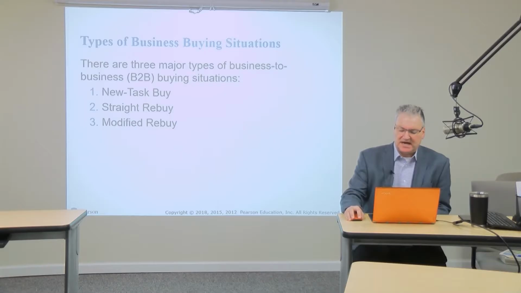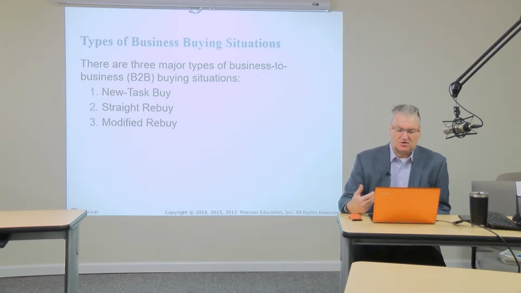A straight rebuy is a routine purchase of items that are needed, so you basically just are reordering another item. A modified rebuy is when the customer has to modify the specifications, change delivery schedules, or renegotiate prices. You're going to involve different people in the modified rebuy, and a lot of companies really thrive on this business because anytime there's a little bit of a change, there's opportunity for more margin, particularly when you're dealing with shipping to different locations or different configurations.